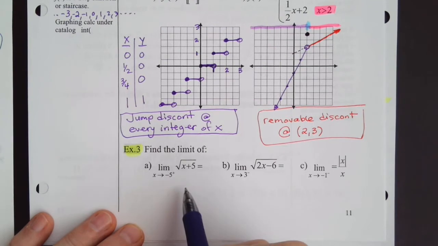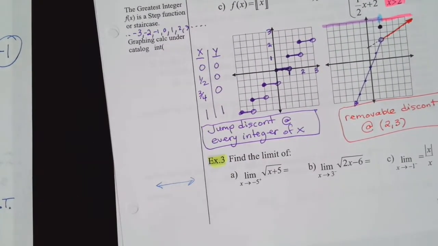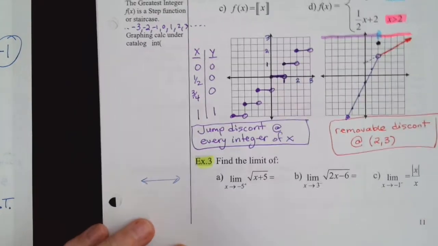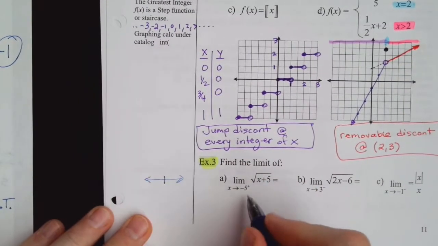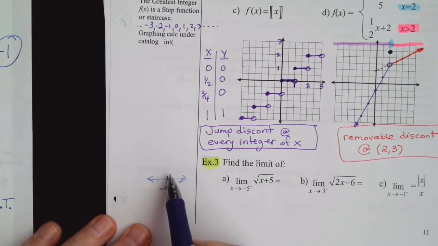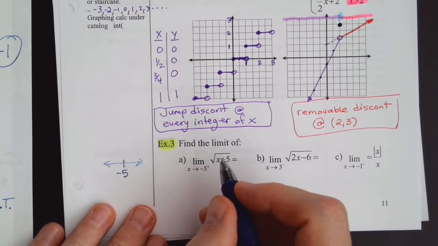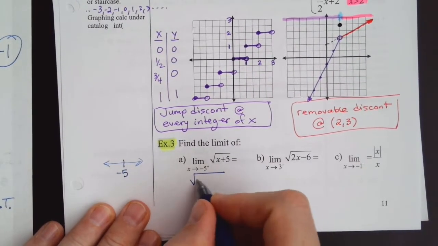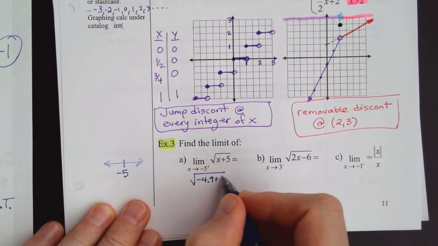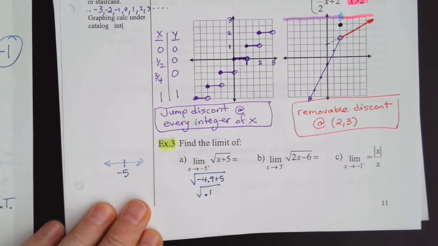If you think about a number line, and you have -5, and you're coming from the right, that would be getting really close to this. That would be -4.9. So if you plug in -4.9 plus 5, you would get the square root of 0.1.